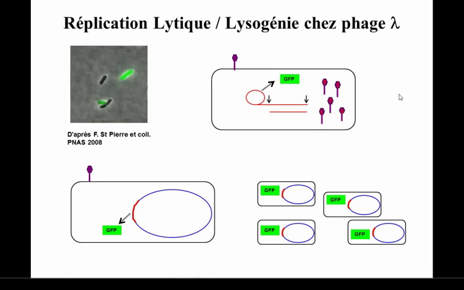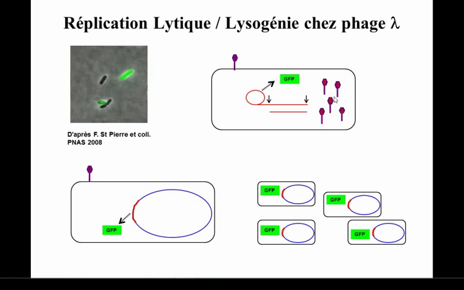Another thing to remember is that this is reversible. Once a prophage is integrated into the chromosome, later on, if one of these daughter cells is stressed by heat shock, maybe antibiotic treatment or UV irradiation, then it can excise from the chromosome and reactivate a lytic cycle: excise from the chromosome, produce more phage, and lyse the cell.